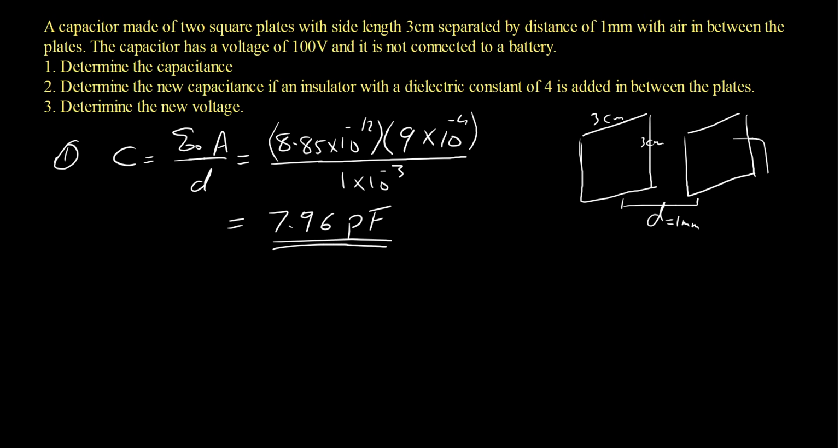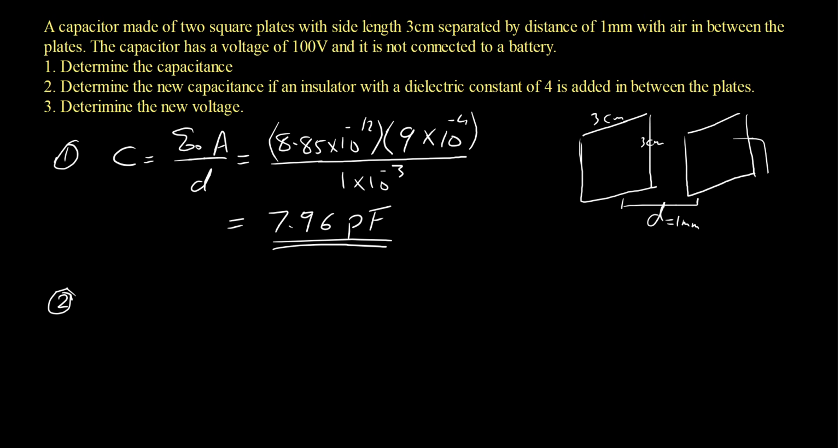All right, so we know how much is the capacitance of this capacitor when it's filled with air in between the two plates, and this is the situation. Now the second part, it's saying determine the new capacitance if an insulator with a dielectric constant of 4 is added in between the plates.